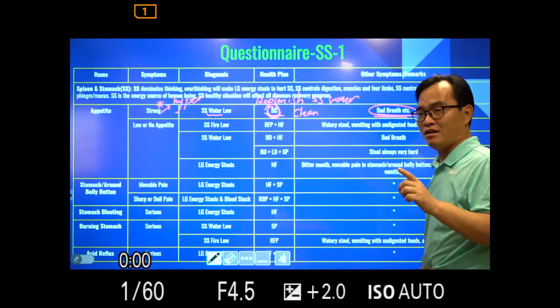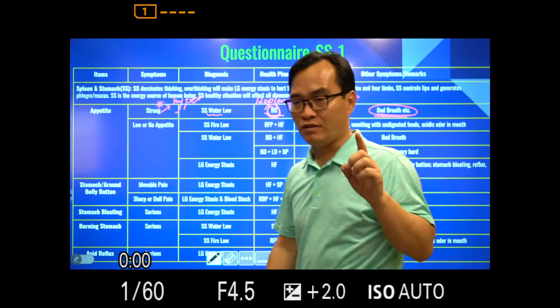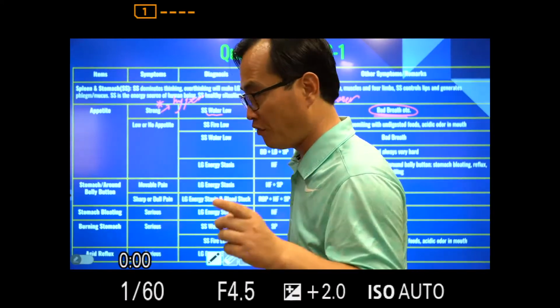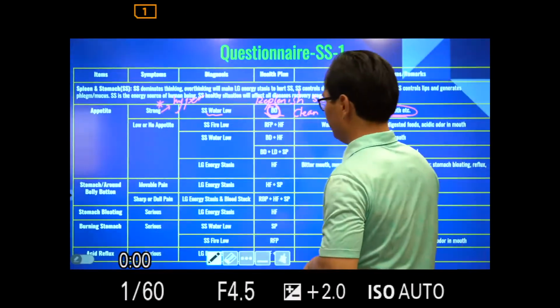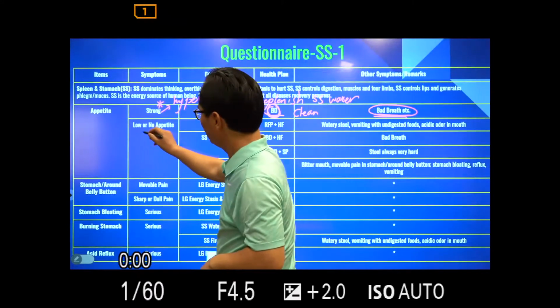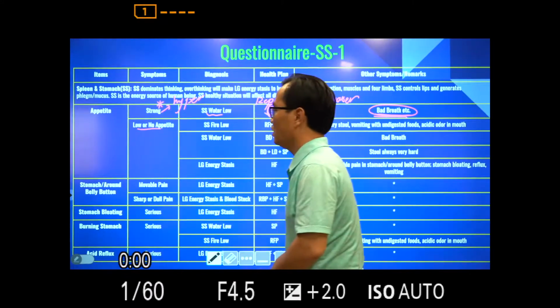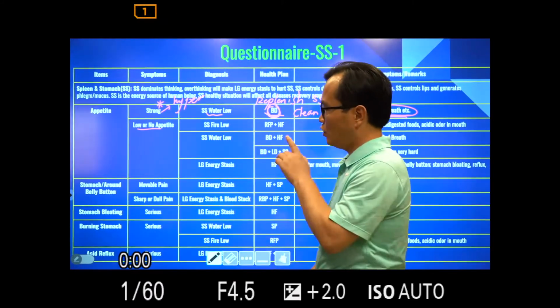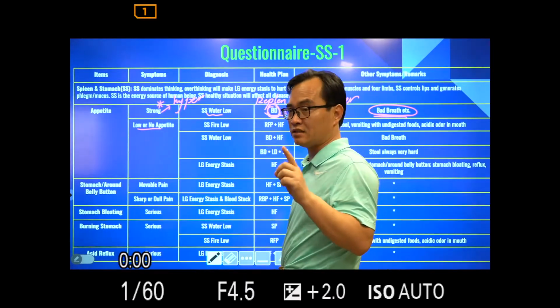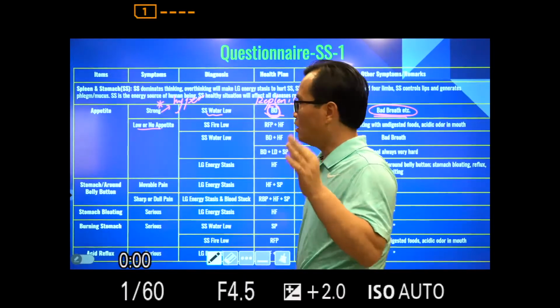What we mention refers to the Heart on Natural Health system. Low appetite is a symptom for reference.